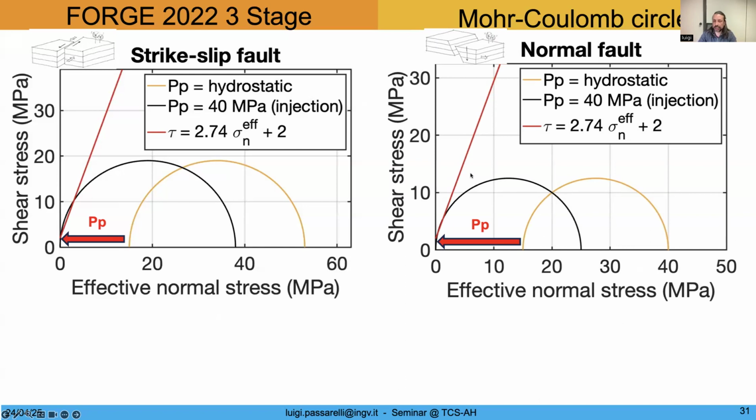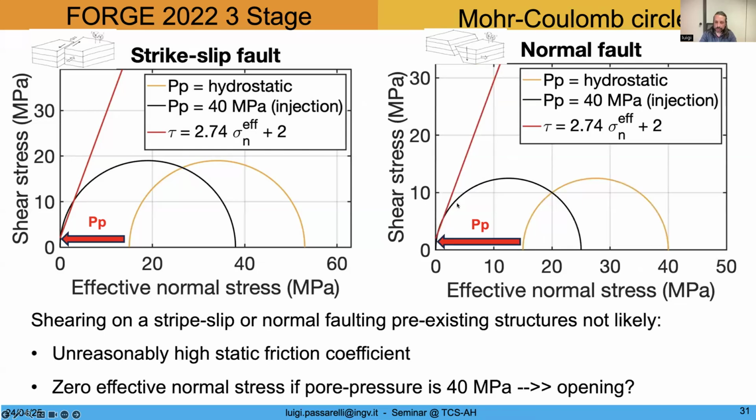In this geometry it is not optimally oriented for the stress field, but then you increase the pore pressure through the injection, and then you get again to touch the failure, but again at zero normal stress condition. So for this analysis, we have a reasonably high static friction coefficient that you derive from this case, and you get zero effective normal stress condition.